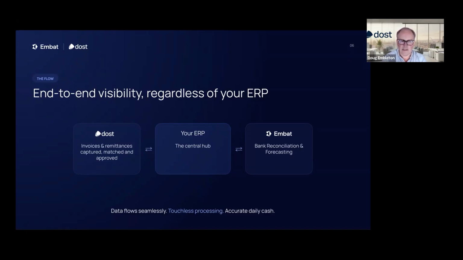There's 6 suppliers, it's 1.3 million. How can we simply contract 2 suppliers instead of 6 and drive £100,000 worth of saving? So there's a lot of visibility and control that moving this way gives you if you put Dost and Embat together. And obviously you can connect it natively into your current ERPs.